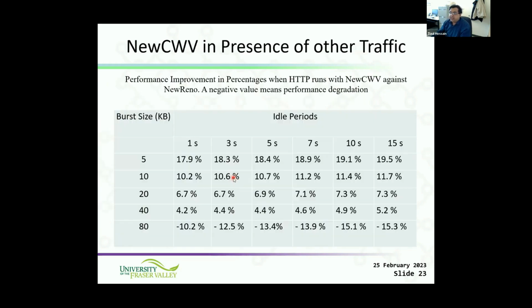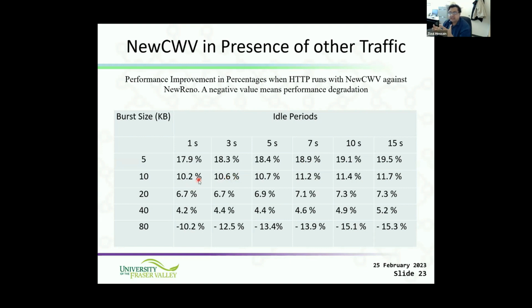Now, we can use newCWV with other applications. So if we run, for example, another application, say someone is downloading a file from a server, and here we are running newCWV for downloading a web application, then what happens?